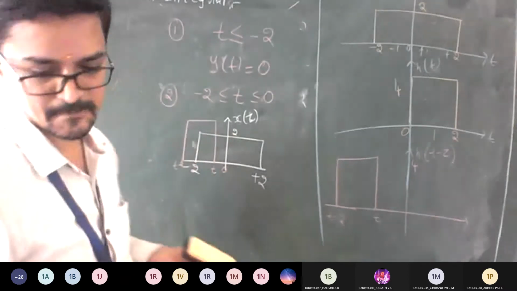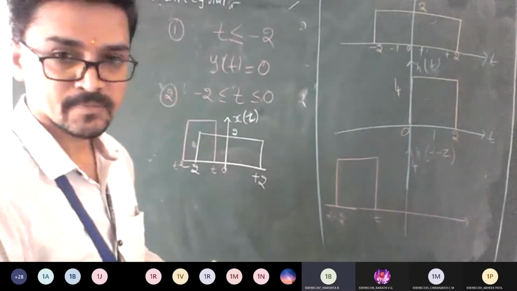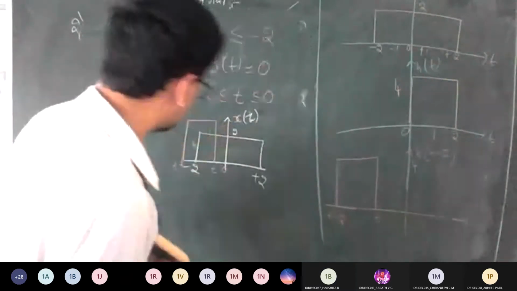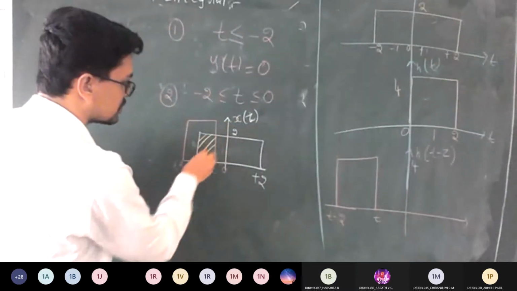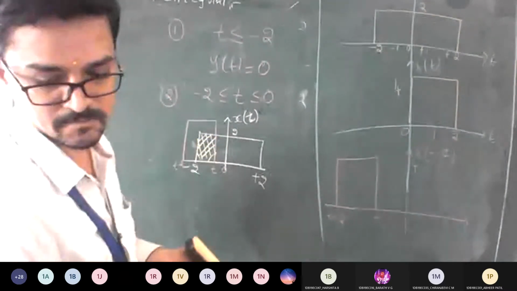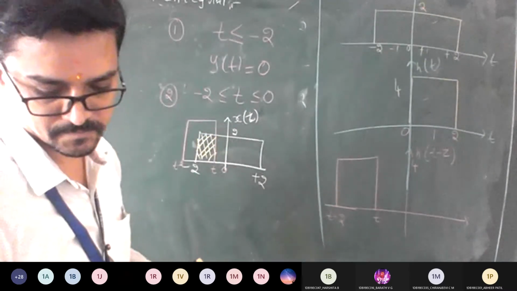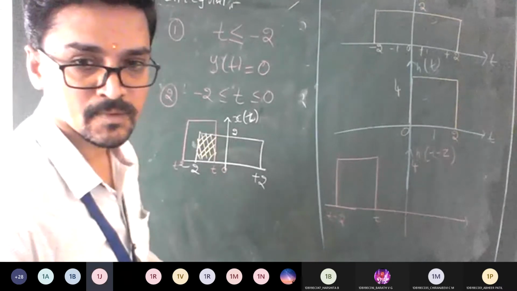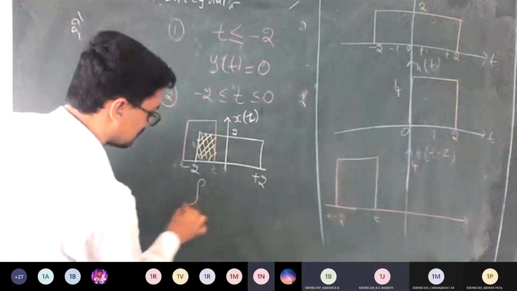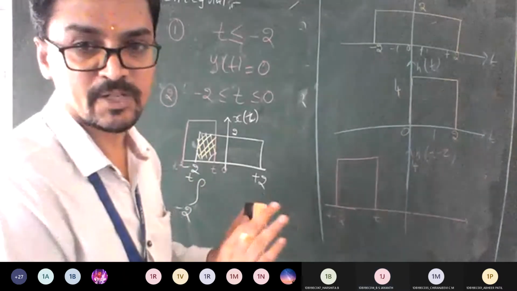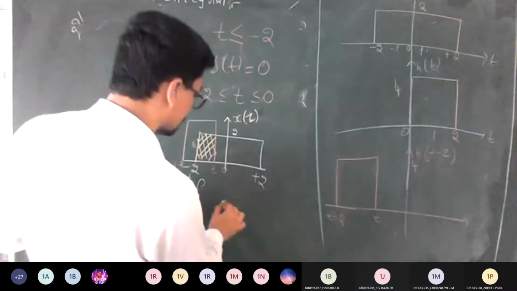Is it like this, guys? Yes, sir. So how is the overlap occurring here? I'll shade this. This much portion is going to be overlap. So what is the interval now? The interval is from minus 2 to t. Good. Wherever overlapping is happening, that is what you should take. So what is the answer for this?